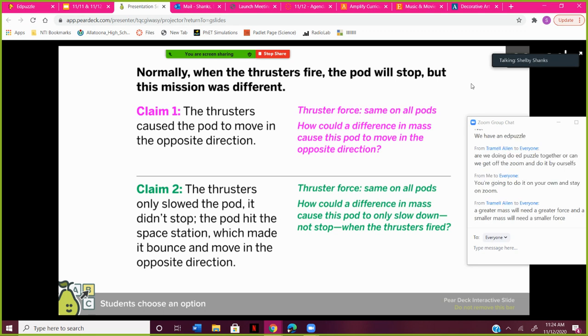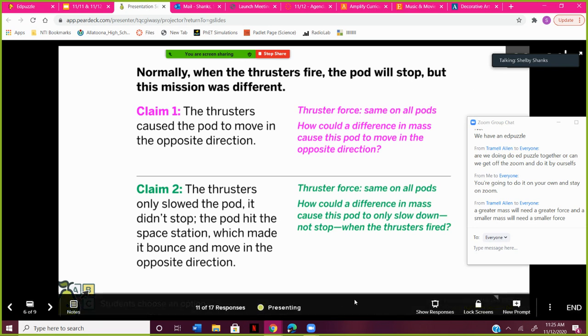Perfect. All right, Jamel says a greater mass will need a greater force and a smaller mass will need a smaller force. Correct. So in order to move those at the same velocity, the smaller mass is going to have the smaller push, right? And then that greater mass is going to need a bigger push in order to get the same velocity, right?